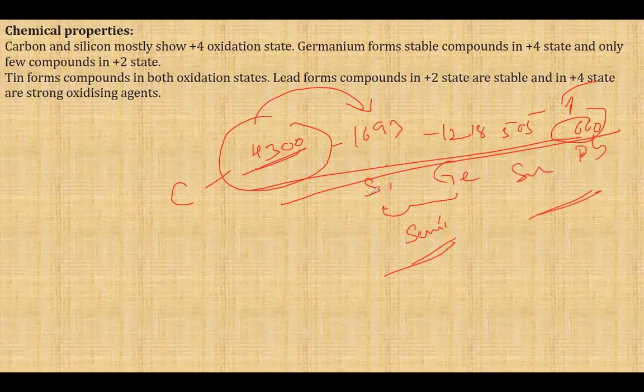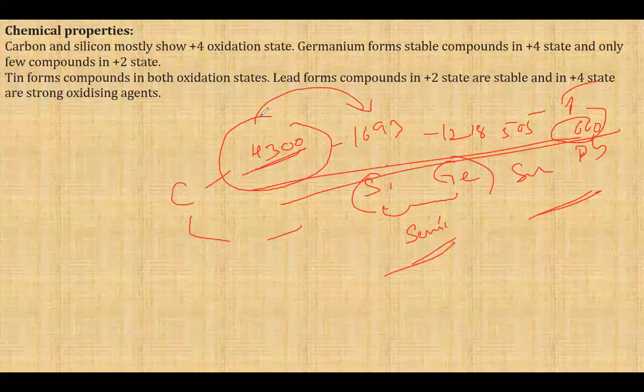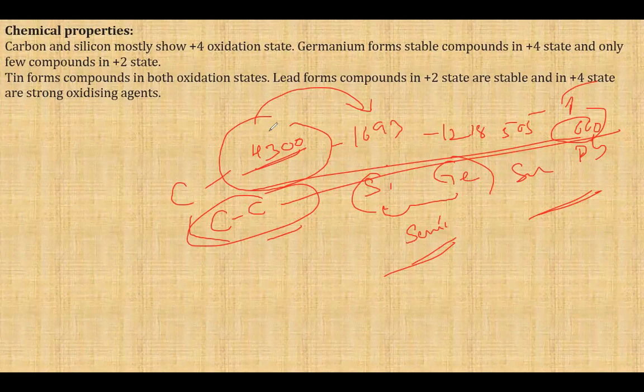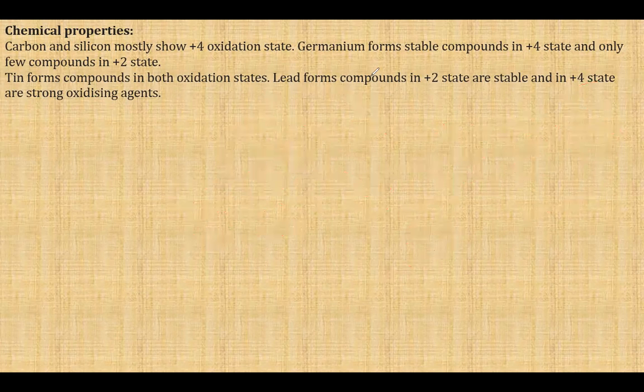So metallic nature increases down the group: non-metal carbon, metalloids silicon and germanium, and metals tin and lead. Here the non-metallic nature means more sharing of electrons between carbon and carbon, a strong covalent and stable bond, hence high melting point, 4,300 Kelvin. Okay, so these are the properties.